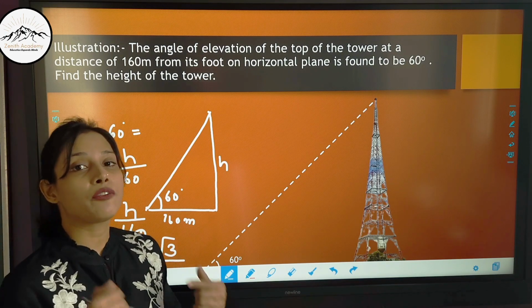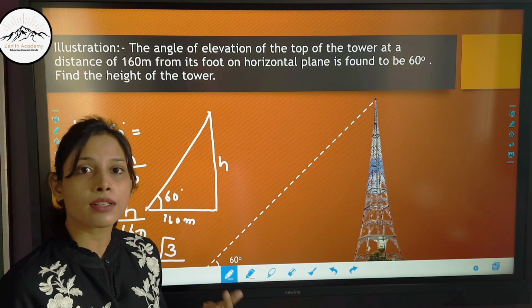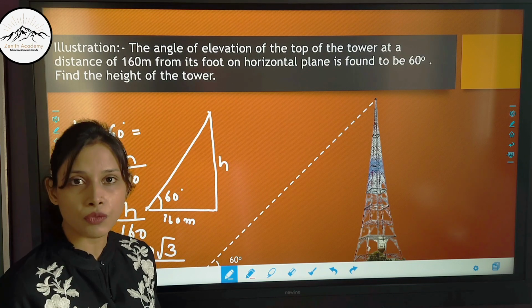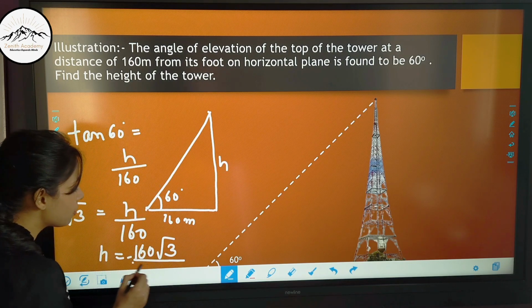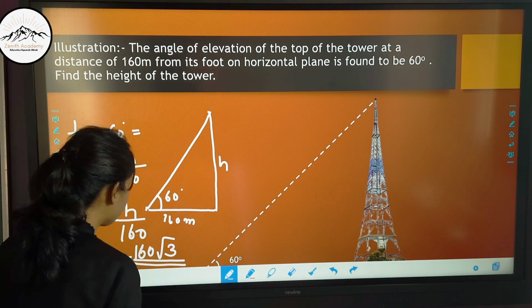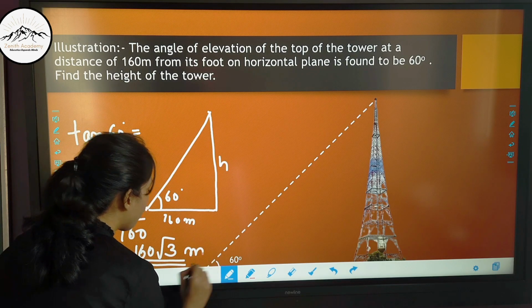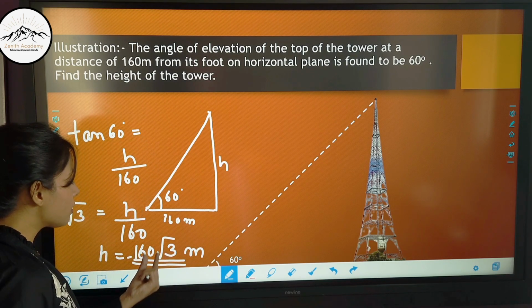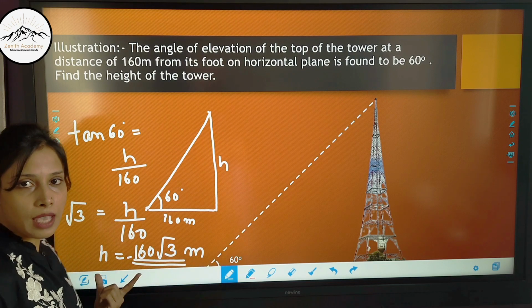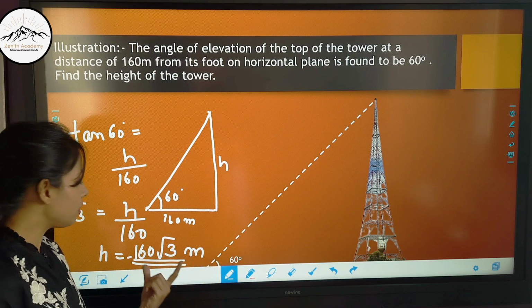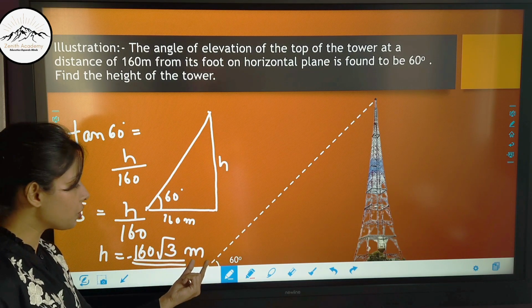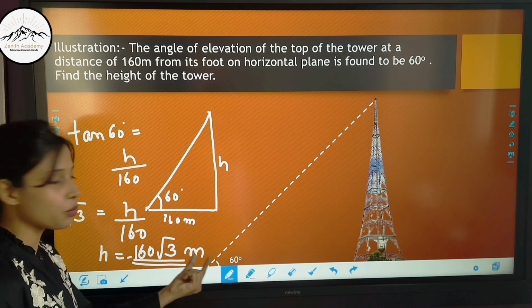But if you have been given the value of the square root, specifically given in the question, please do solve it further. Please remember to write the unit. h is equal to 160 into root 3 meters, because h is the distance we need to find, so it will be measured in meters, and hence it is 160 root 3 meters.